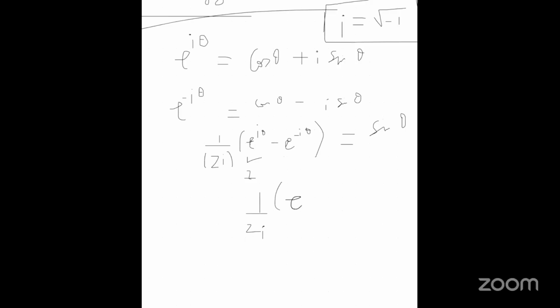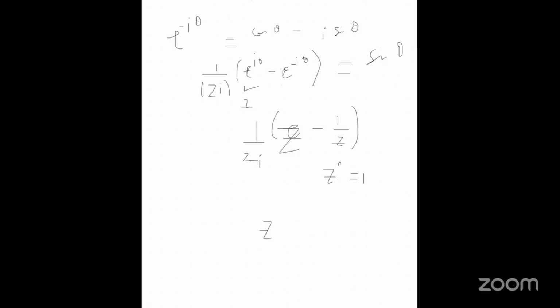Sorry, z minus 1/z, where you can even have z to be a root of unity. So if z to the n is equal to 1, z is of the form e to the 2 pi i divided by n. Or you can even have e to the pi i is -1, which is the famous Euler equation.